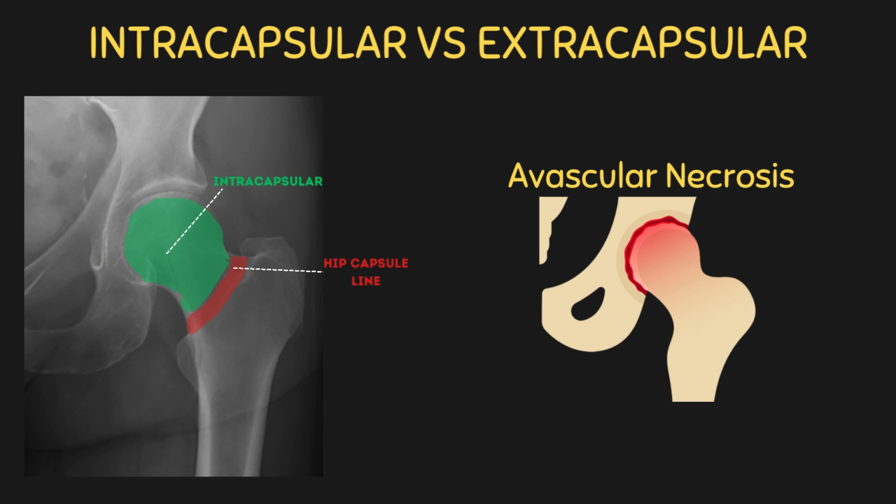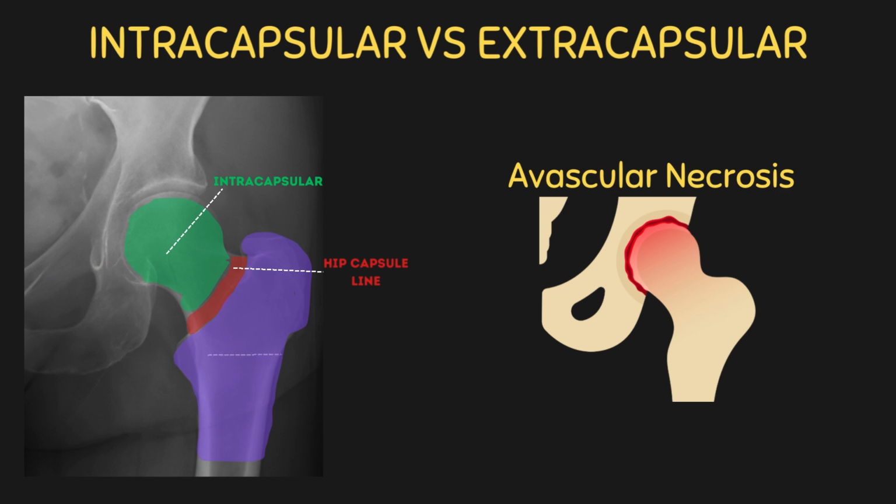You can remember this as intra, which means inside of. In essence, these are fractures which occur proximally to the intertrochanteric line and are highlighted by the green shading on this hip X-ray.